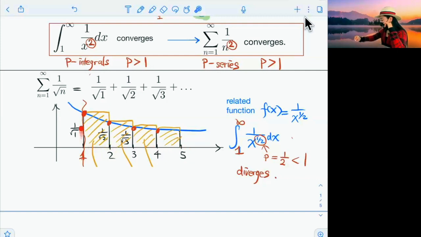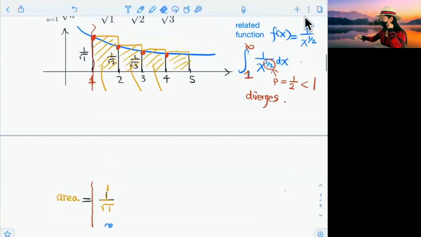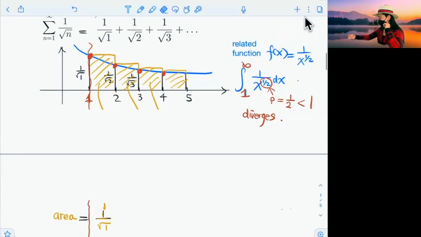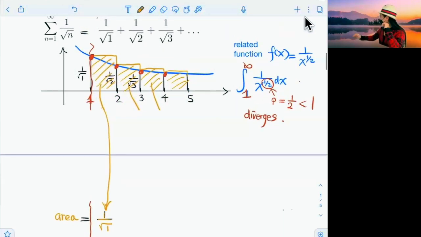And the height here is 1 over square root of 1. So the area here is what? Yes, it is 1. So it is 1 over square root of 1.